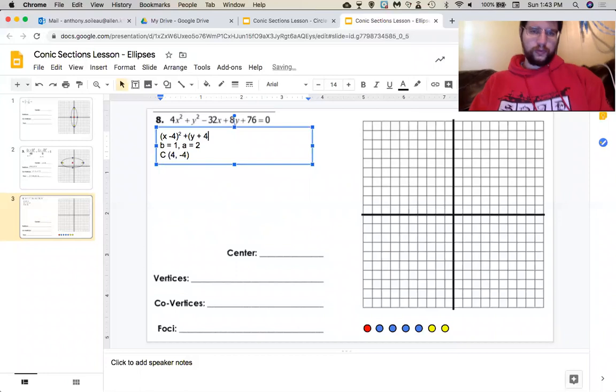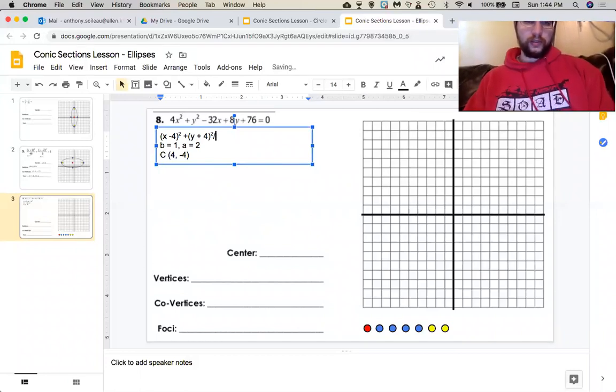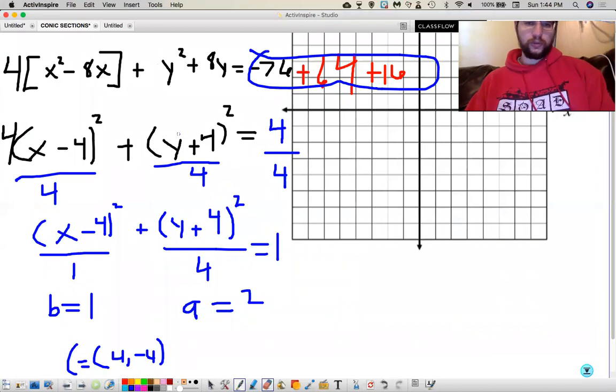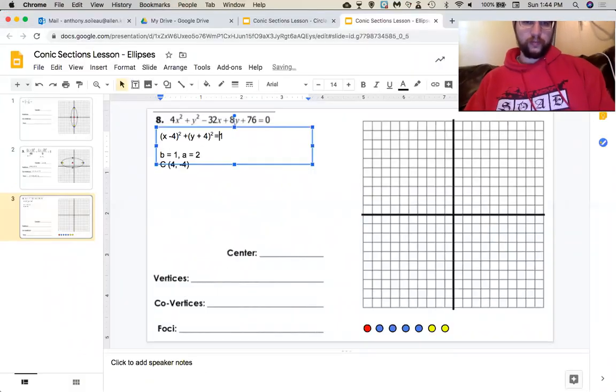Y plus 4 squared. So you could either just do a slash here after the squared, or you can make a space and put a line in there just a second. Equals 1. Good. Better equal 1, right?